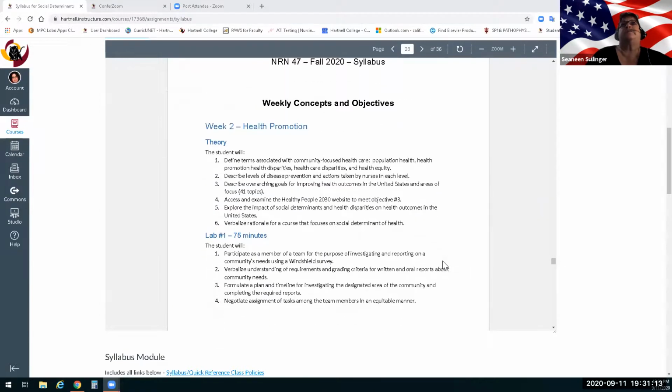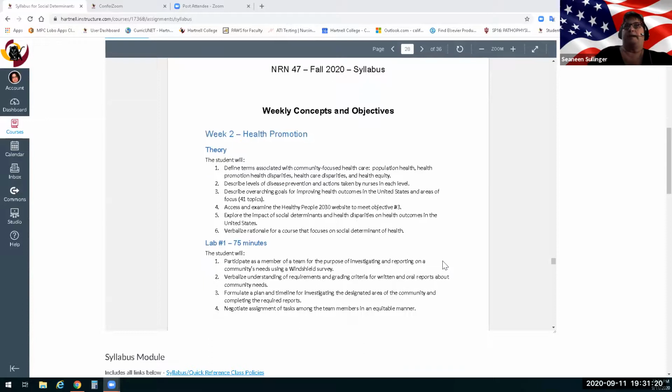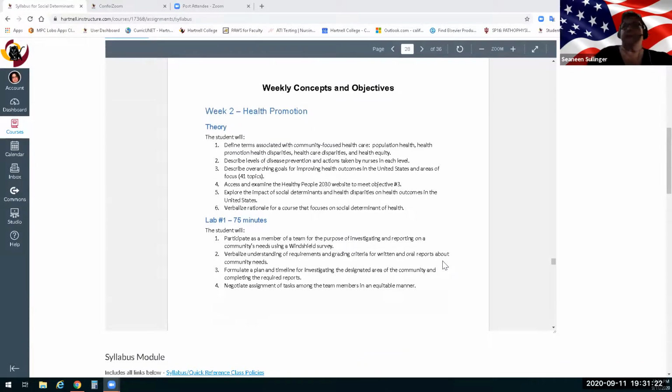Okay, there we go. When you get down to the bottom for the weekly concepts, it will have the theory and the lab component. Technically last week we should have had lab, but because you had success, I didn't do a formal one after class. You did that 75 minutes on your own, I hope, when you were doing your windshield groups together and putting that planning document together.